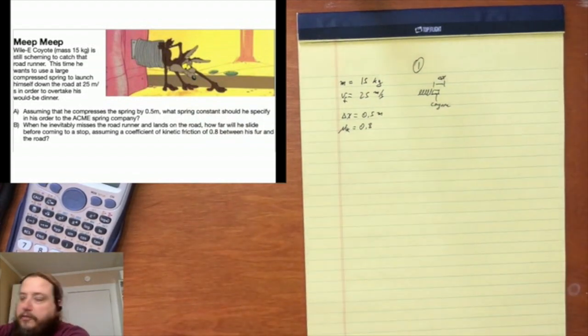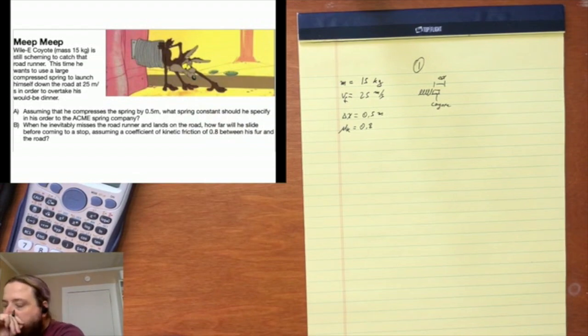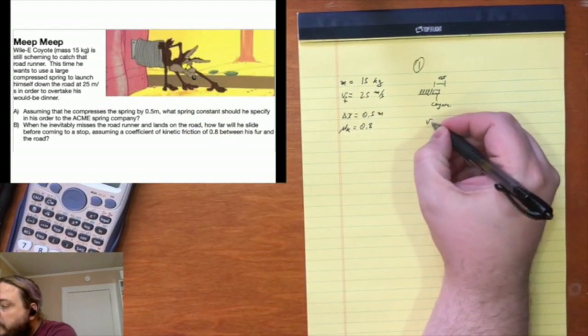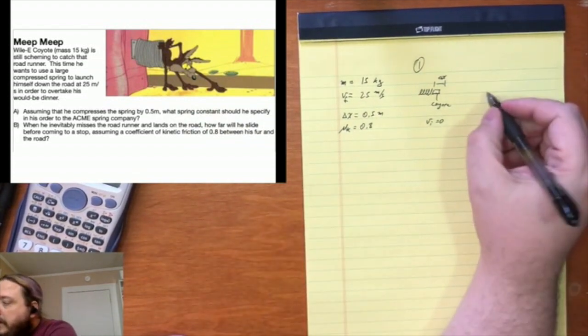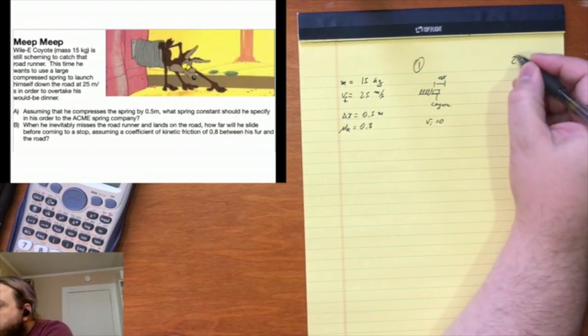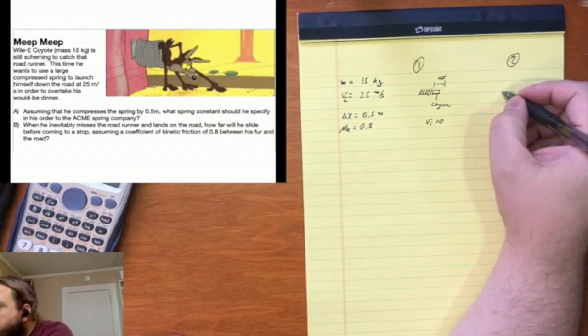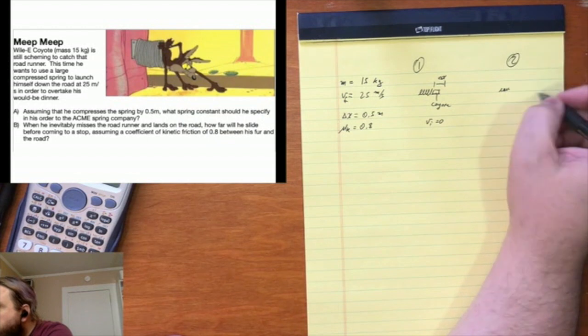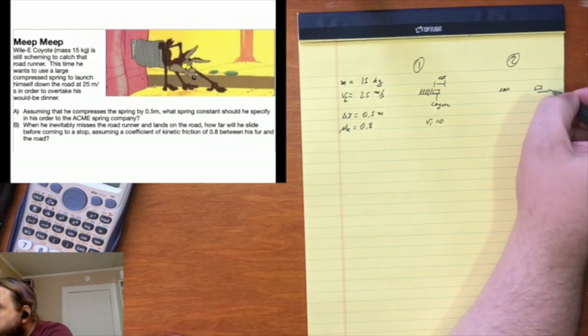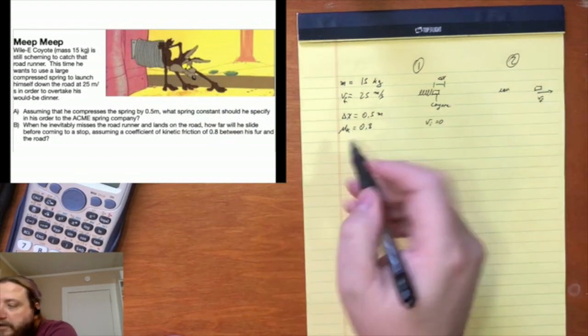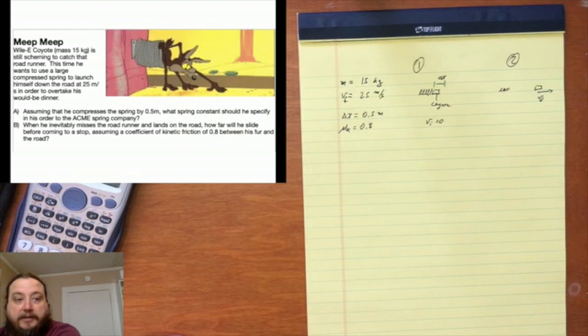I'm not a cartoonist, so I'm just going to draw our Coyote as a box. And the Coyote isn't moving, so our initial velocity here is 0. And then at some later time, our spring has become uncompressed. The Coyote is flying through the air at a velocity v final of 25 meters per second.